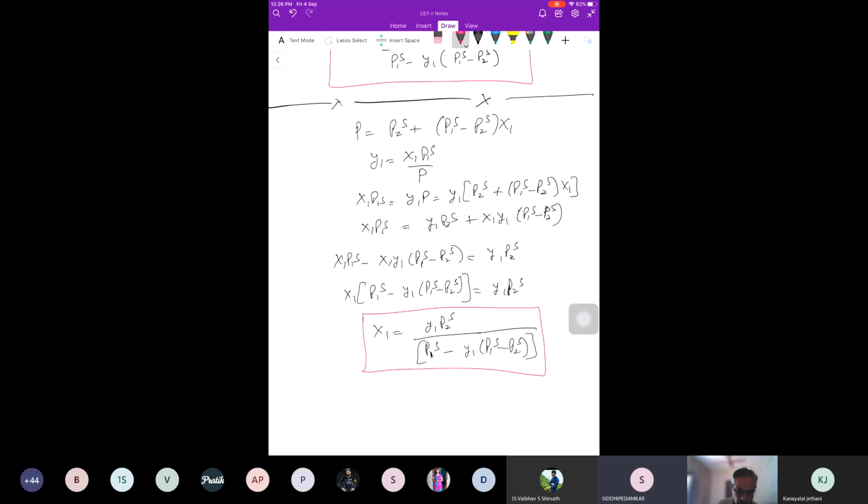Zero point 2398. ठीक है, so that is the value of x1, right? Okay, सबका? Any questions on this part before we proceed to the next part?